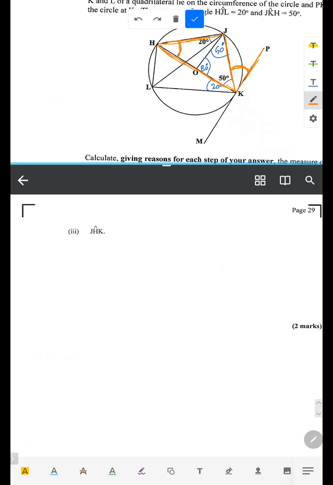This angle is equal to 40 degrees. Why? Because the angle between the tangent and the radius is 90 degrees, and this piece right here is already 50. So to complete the 90 inside here, it must be 40 degrees. Hope everybody understands that. If you don't, you can let me know.